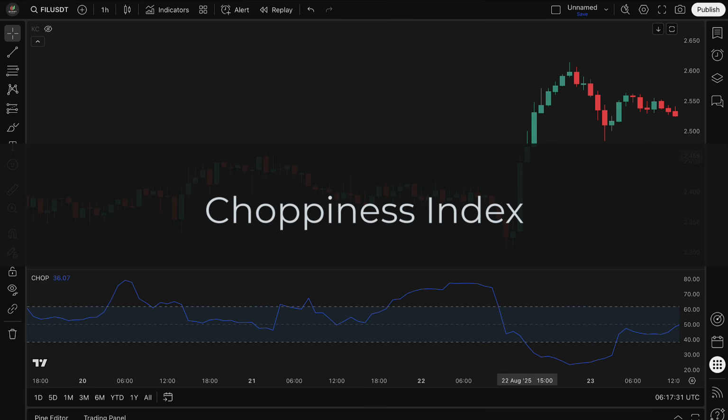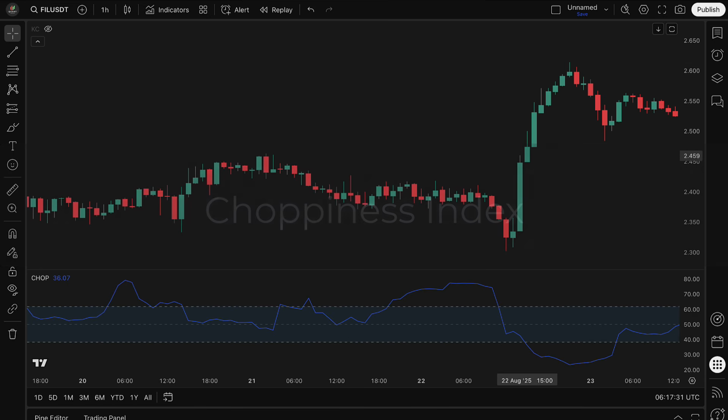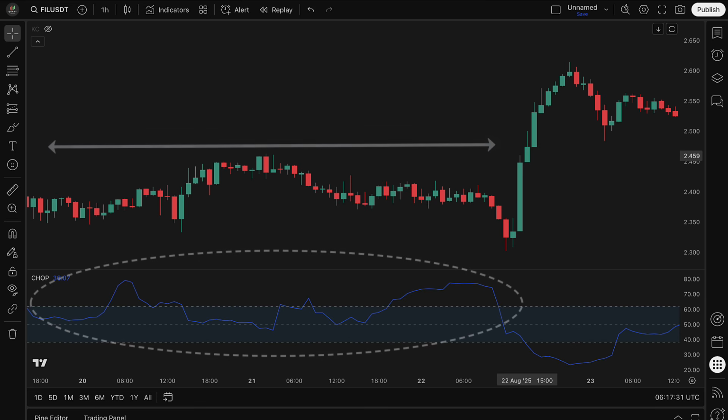3. Choppiness Index. The Choppiness Index, or CHOP, is an indicator that helps us identify whether the market is trending or ranging. It's particularly useful for avoiding trades during periods of low momentum or sideways price movement. The CHOP value typically ranges from 0 to 100. A CHOP value above 40 indicates a choppy or sideways market, where trends are weak and trading signals are less reliable.